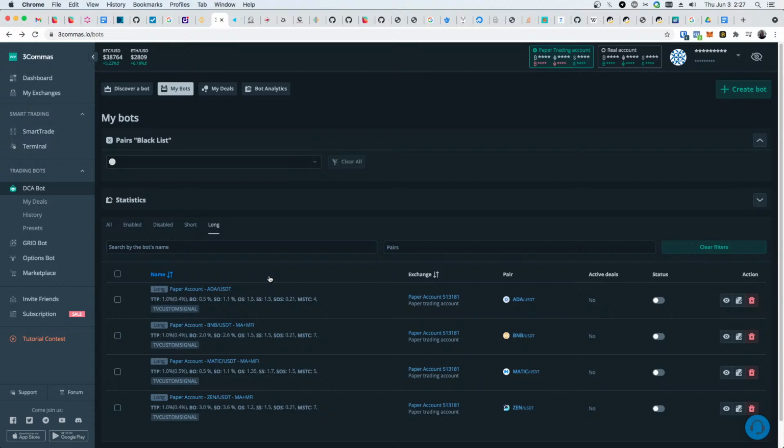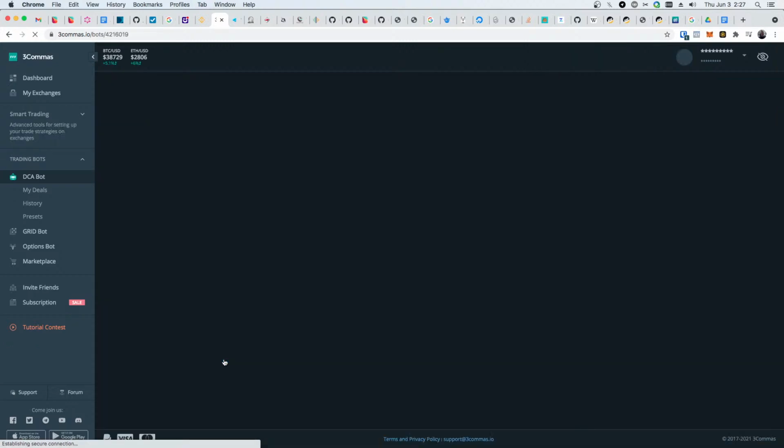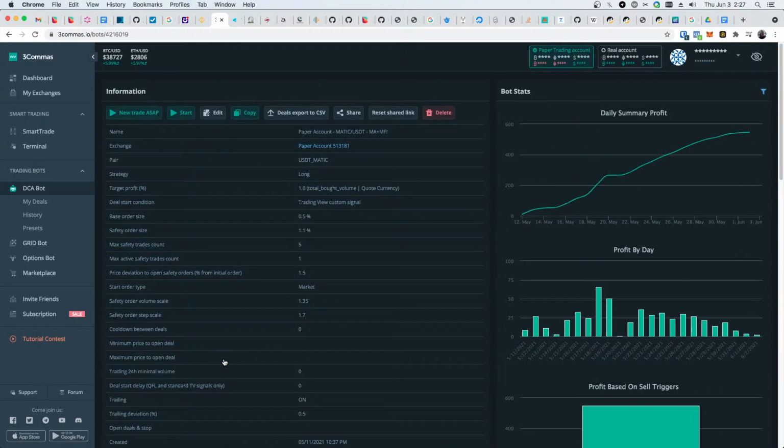So basically, what a dollar cost averaging bot does is it allows you to make several trades spread out over time, or over several candles, to help you minimize the need for ever having a loss.